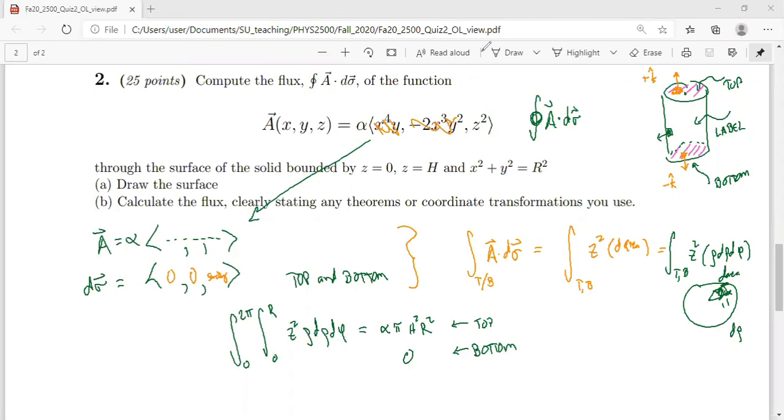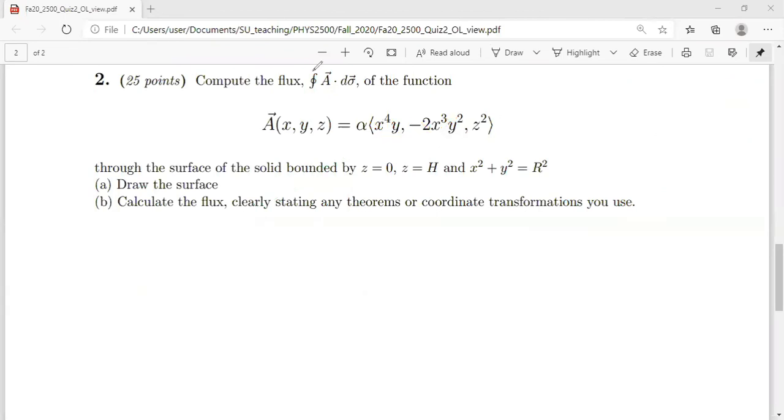So for the side, what does d sigma look like? Well, if I look from top down, d sigma kind of looks like this. And if I draw a y-axis that points like this and an x-axis that points like this, this is clearly rho hat. The problem is that I have my function itself not specified in terms of rho.